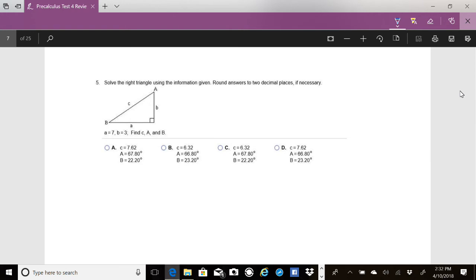Here we want to solve the right triangle. A is 7, B is 3. I would label these, and we want to find C, A, and B. First of all, C squared is equal to A squared plus B squared.